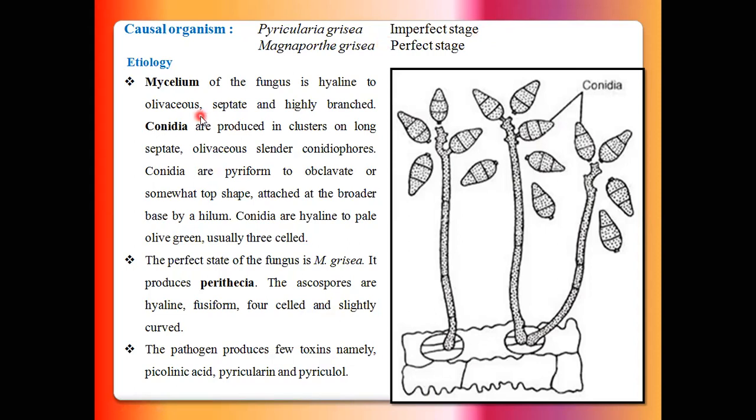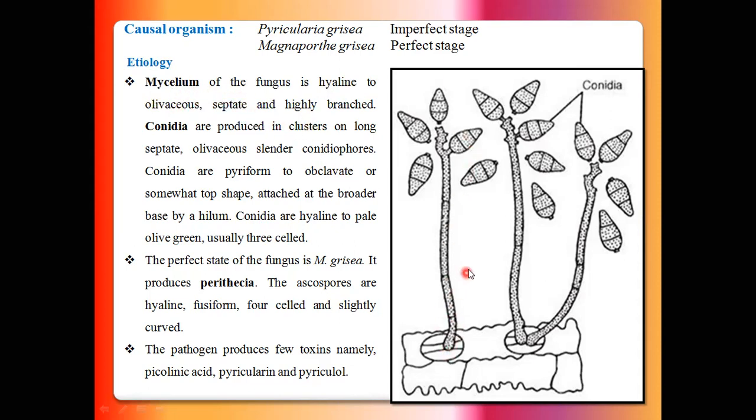So we discuss the etiological parts of Pyricularia grisea and Magnaporthe grisea. Pyricularia grisea develops the mycelium, which is olivaceous and septate in manner.